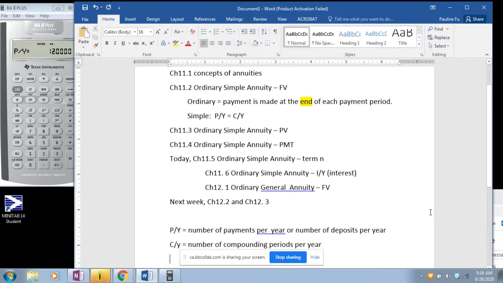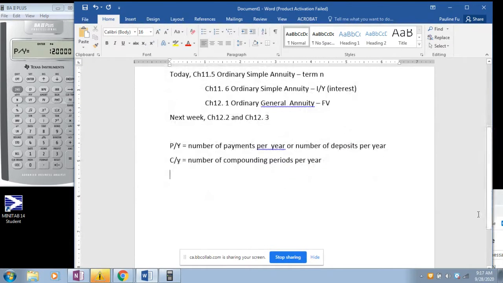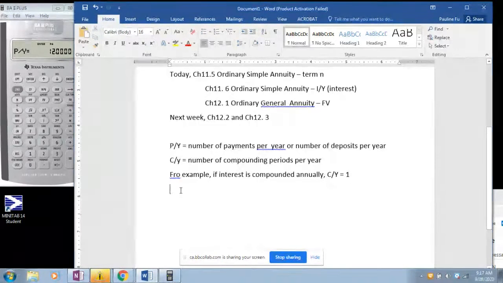For example, if interest is compounded annually, CY equal to 1.